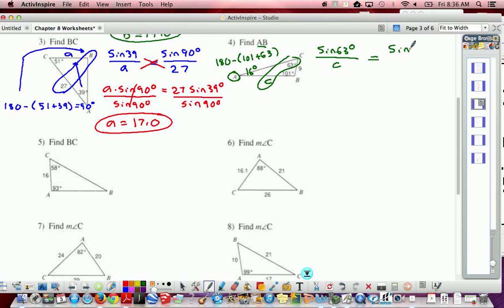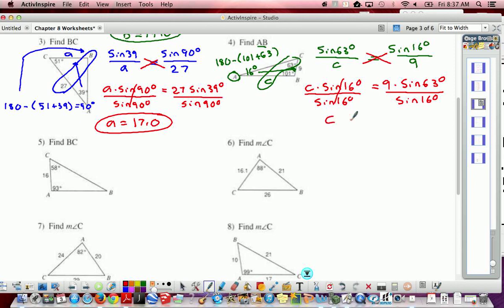So I'll have sine of 16 degrees is across from my 9, hence why I had to find it. So, cross multiply yet again. So c times sine of 16 is equal to 9 times sine of 63. Divide both sides by the sine of 16 degrees.